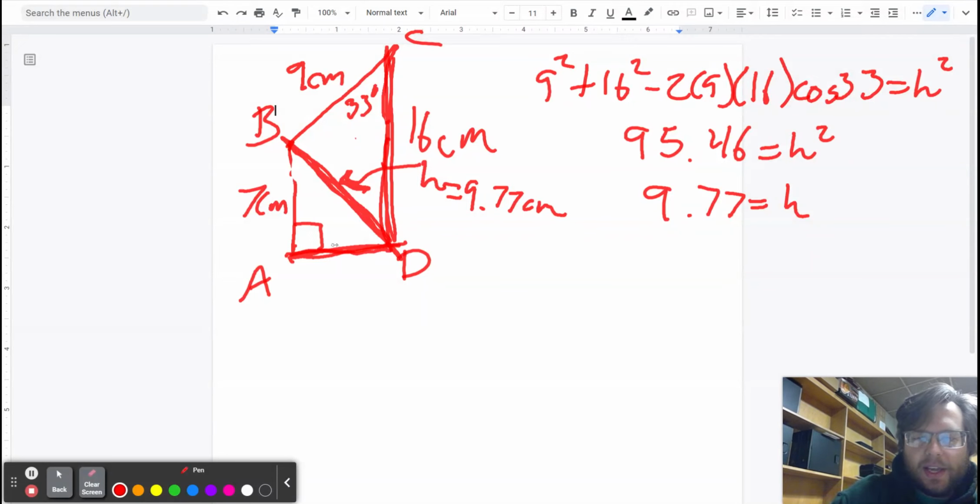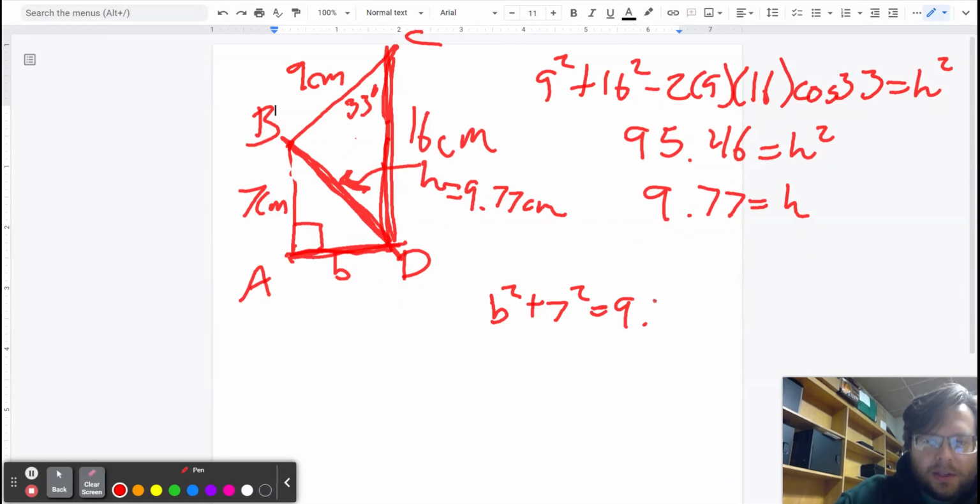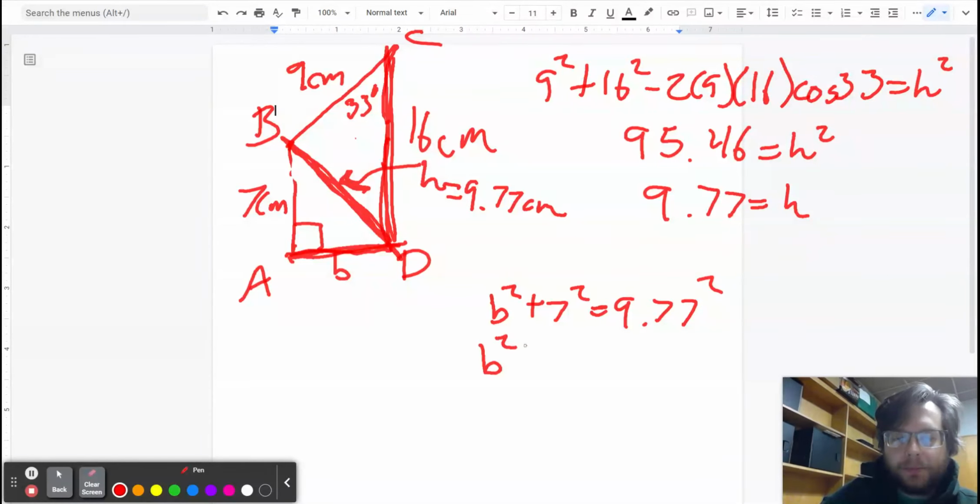And so that's a leg of a right triangle. So I know that, let's give this a name, let's call it b. I know that b squared plus 7 squared is 9.77 squared because it's a squared plus b squared equals c squared.